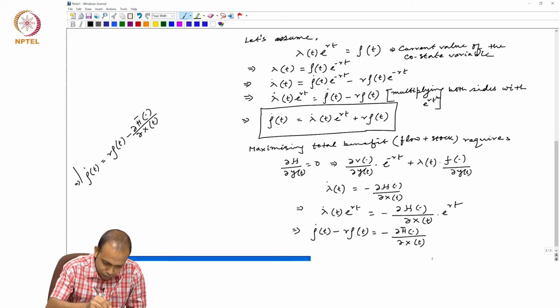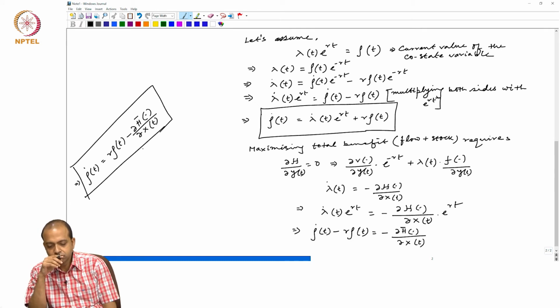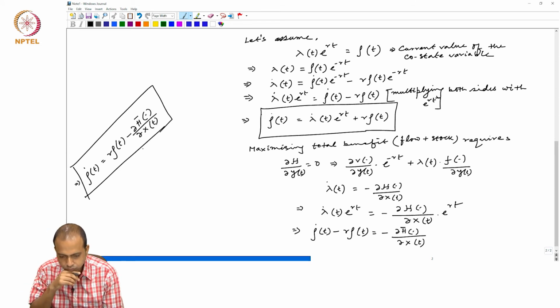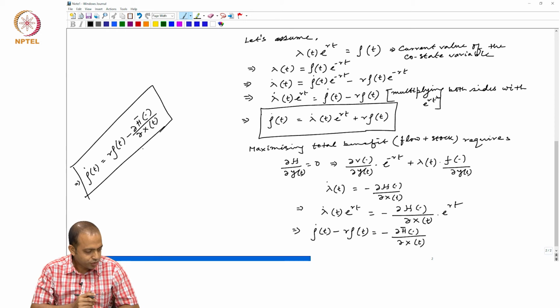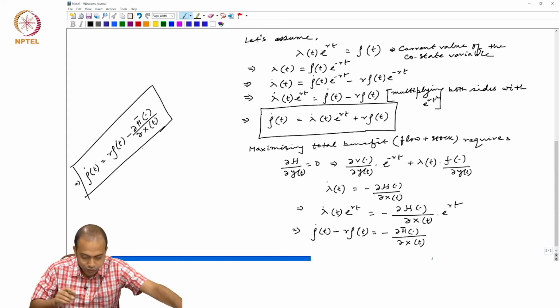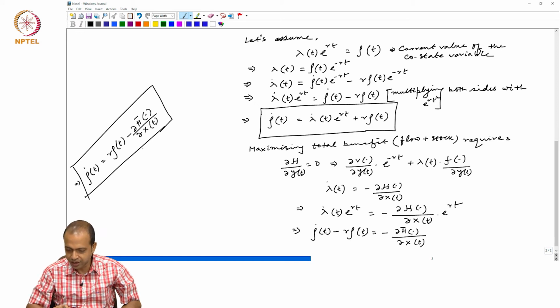So, this condition also we have to keep in mind, this will also be useful. Sometimes you have to go back to this, how lambda dot t equals to del h dot del xt, that we have defined earlier.